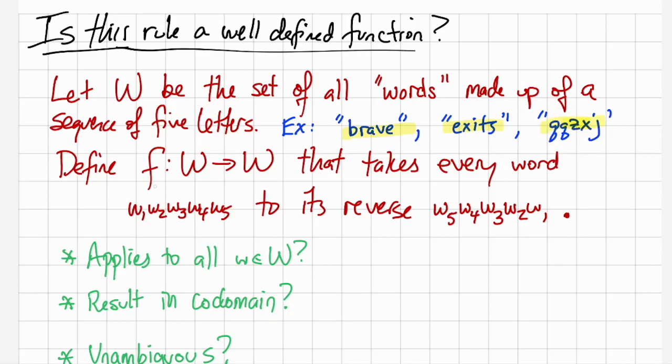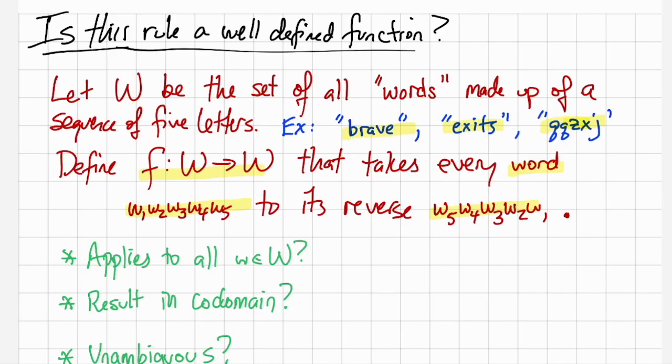So now let's define a function, f from the set of these words to the set of these words, that takes every input, every word as an input that looks like W1, W2, W3, W4, W5, and gives as its output W5, W4, W3, W2, W1. Is this a well-defined function?